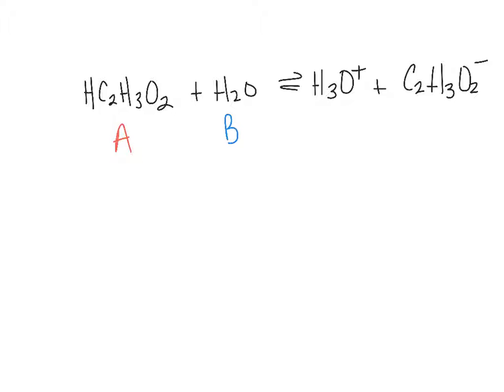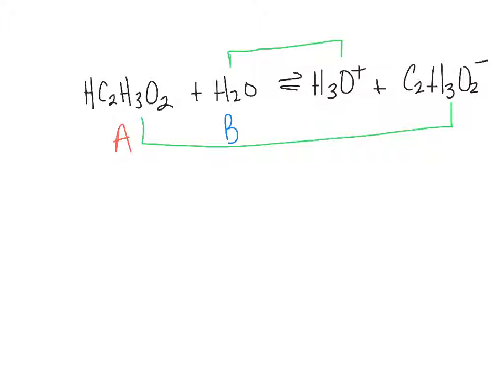So who's the conjugate partner? H2O and H3O+ are conjugate partners, and ethanoic acid and ethanoate are conjugate acid-base partners.